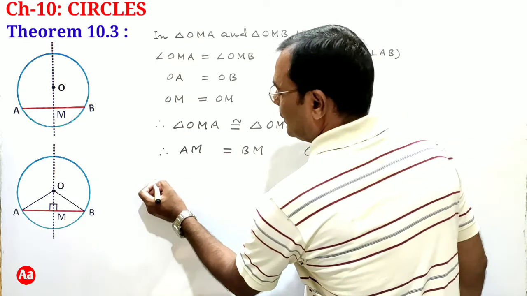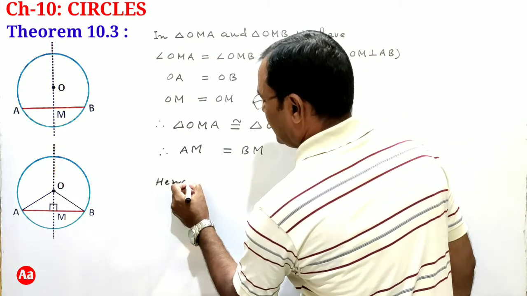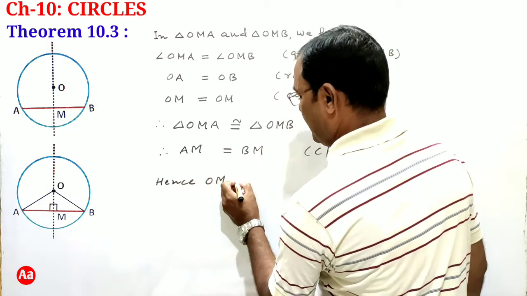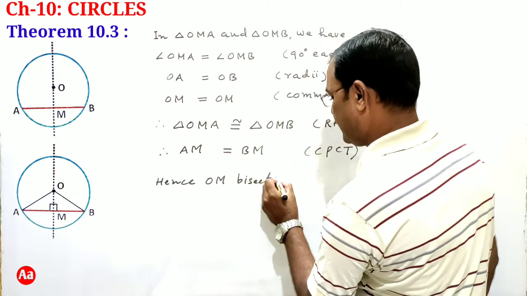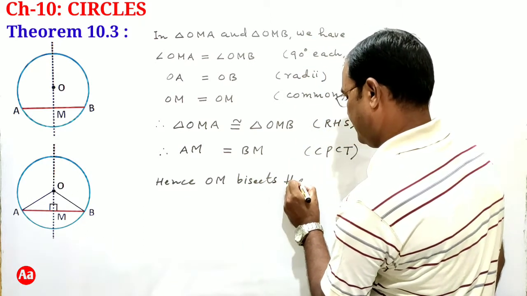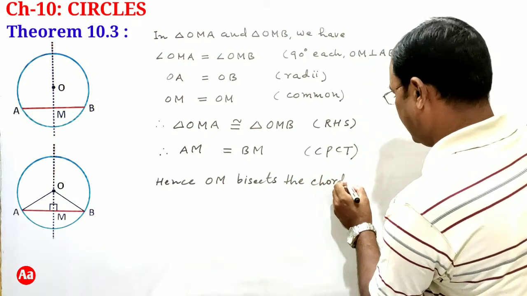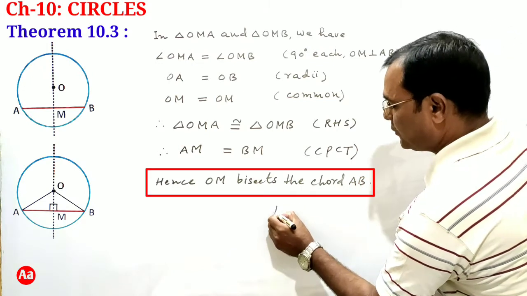So hence OM bisects the chord AB. Hence proved.